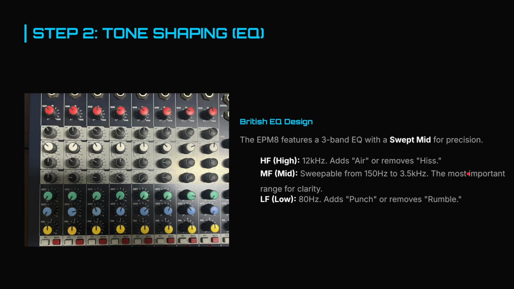So the EQ, it's essentially like making the tone nice. Yeah, tone shaping. This gray and white part is the EQ. There's HF and MF and LF. HF is the high tone of a voice, MF the middle, and LF is the low one.